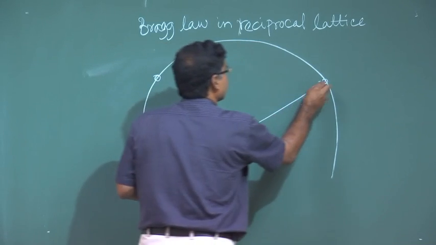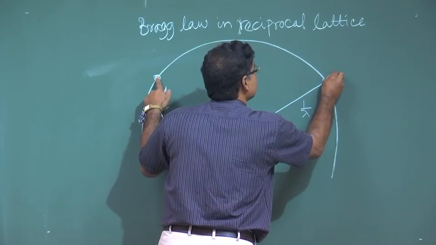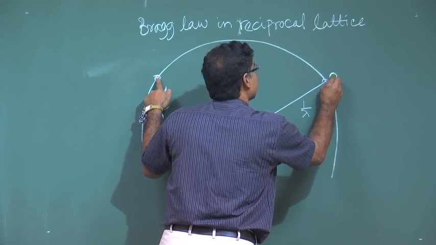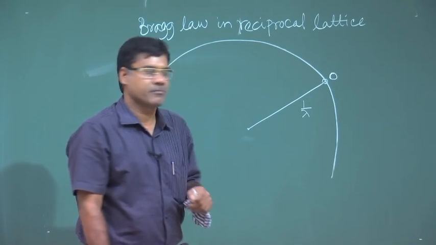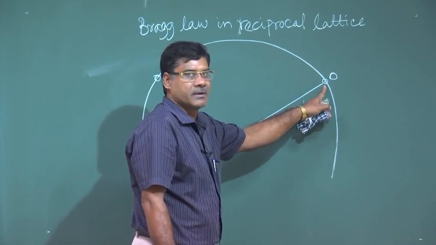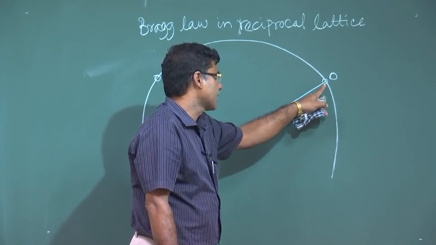So, if we take the origin, generally we take the origin of the reciprocal lattice, because this is a lattice point. So, we take the origin of the reciprocal lattice point, this one.